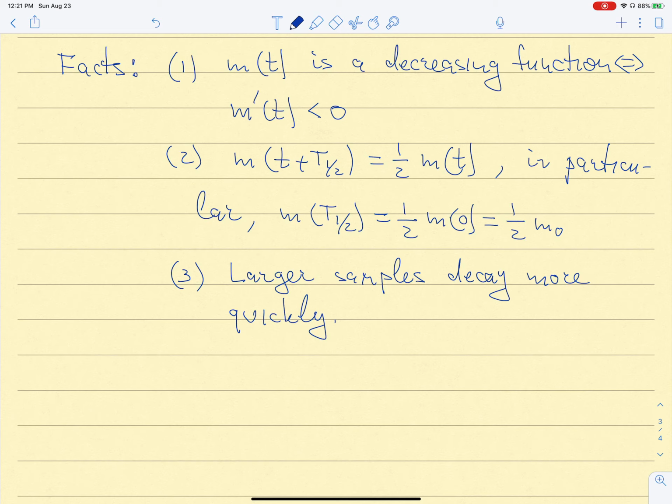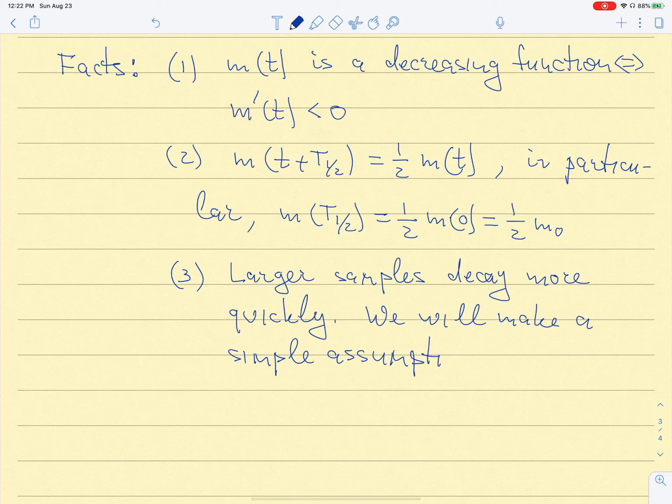If that is the case, then I can make the following assumption. So we will make the following simple assumption, which will not contradict physics here.